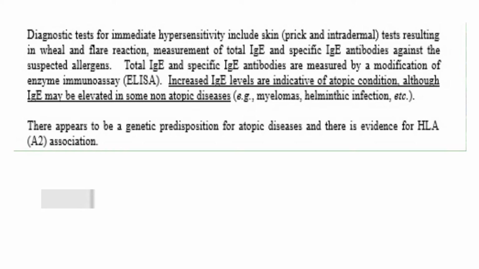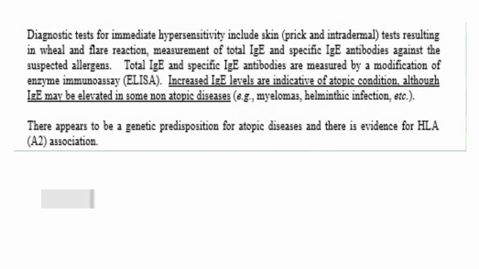So how can we diagnose this type of hypersensitivity reaction? Diagnostic tests for immediate hypersensitivity may include skin tests like prick and intradermal injection resulting in a wheal and flare reaction. This is described by redness and erythema and also induration in the skin area. Also, it can be done by measurement of the total IgE antibody and the specific IgE antibodies against the suspected allergen.